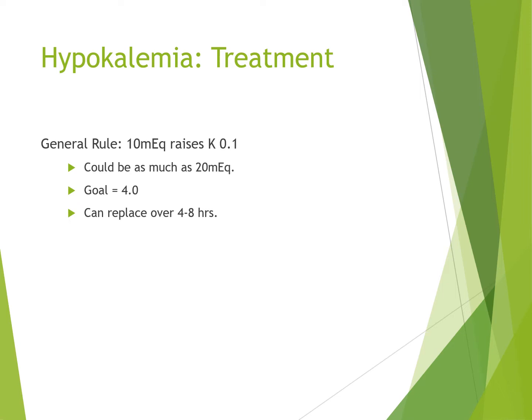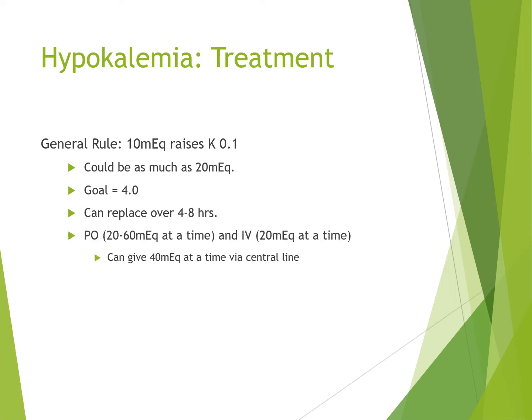You can typically replace this over 4 to 8 hours, and you can give it either oral or IV. Oral is typically given as 20 to 40 milliequivalents at a time, or IV can be 20 milliequivalents at a time, followed by a small break, and then you give more. However, you can give up to 40 milliequivalents at a time via a central line.